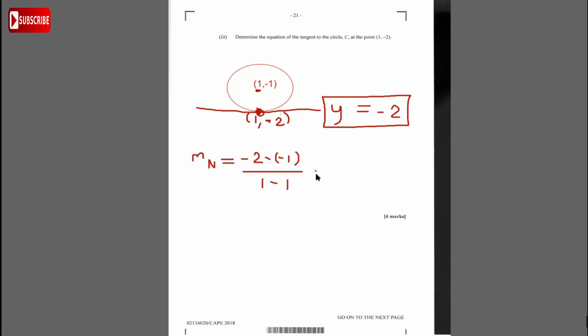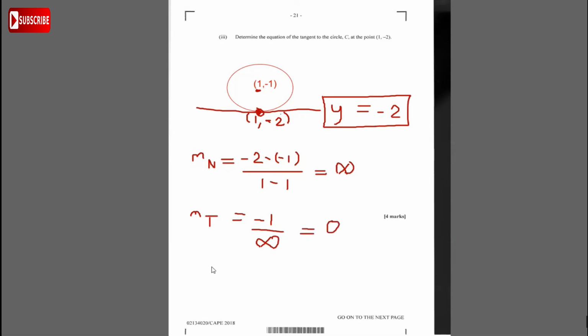And so the gradient of the normal is undefined, or as we would say, infinity. But if the gradient of the normal is infinity, then the gradient of the tangent is -1 over infinity, and -1 over infinity is 0. The gradient of the tangent is 0.